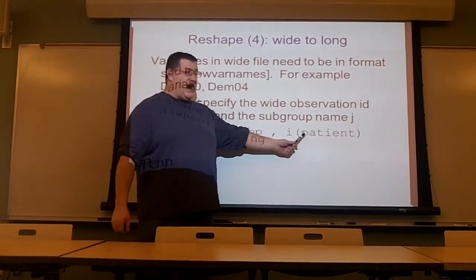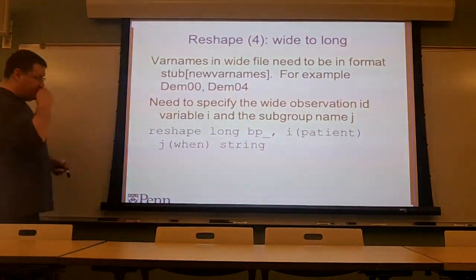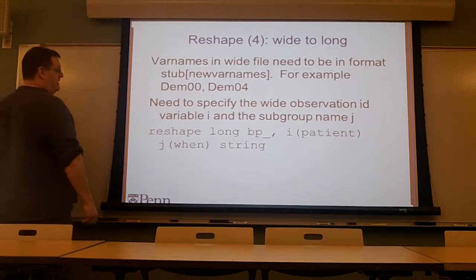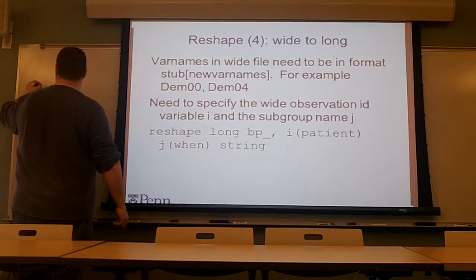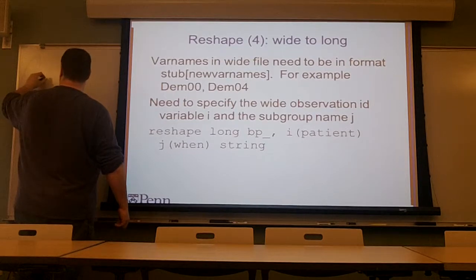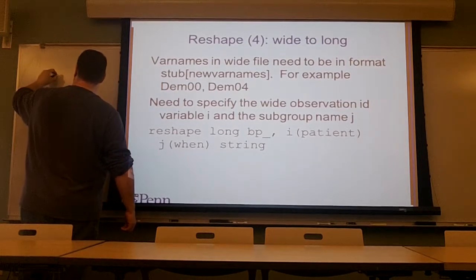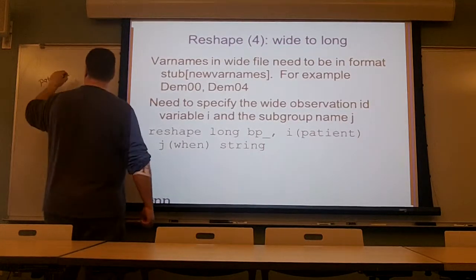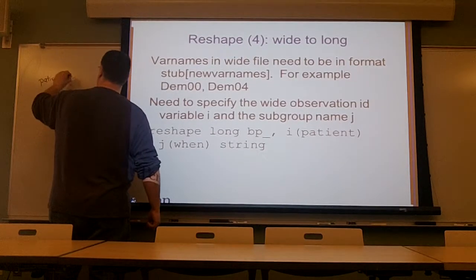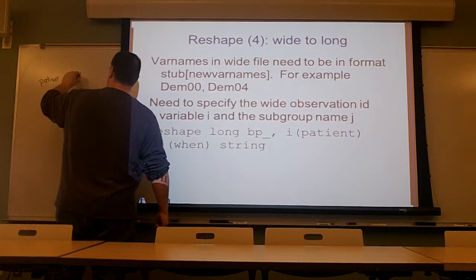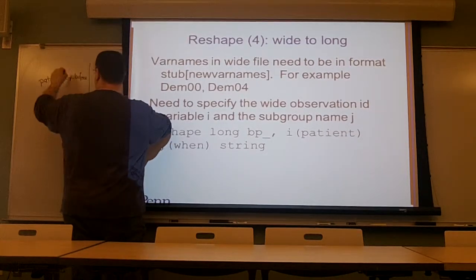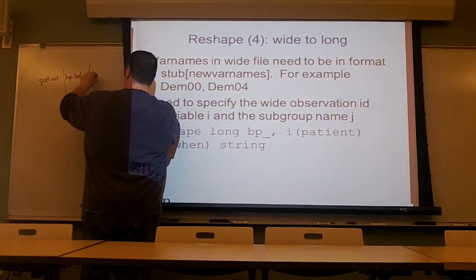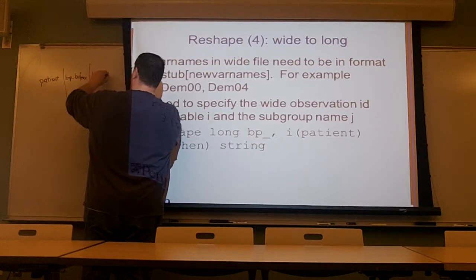And here I have an i patient. So what's going to happen, if you can think of it this way, I would have data that would look like this. I would have patient, BP underscore before, BP underscore say after, right?